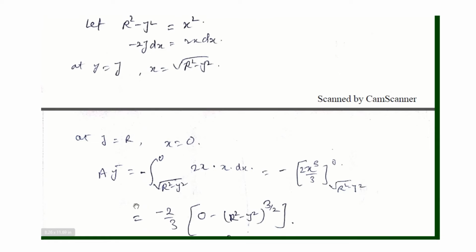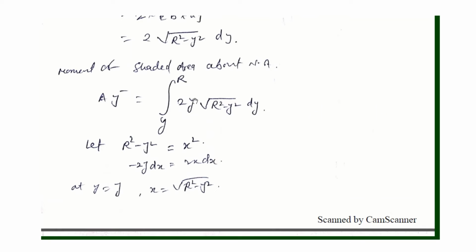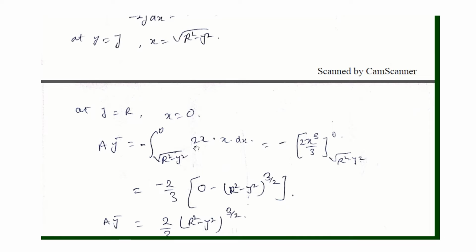That means A y bar can be written as the integral from root of r square minus y square to 0 of minus 2x dx, and root of r square minus y square is x. So here is 2x dot x dot dx.